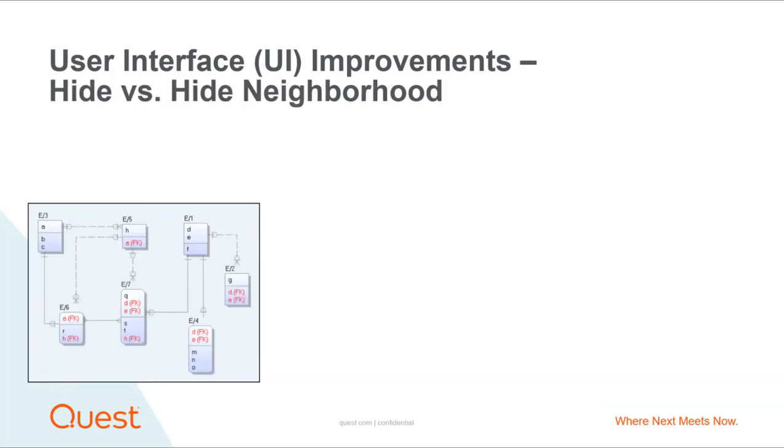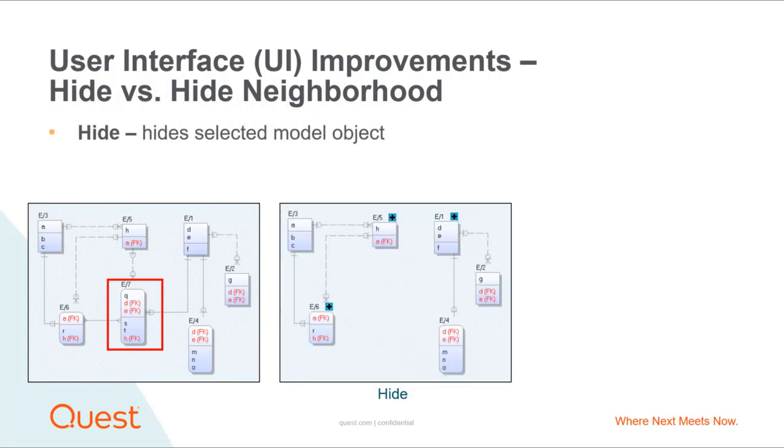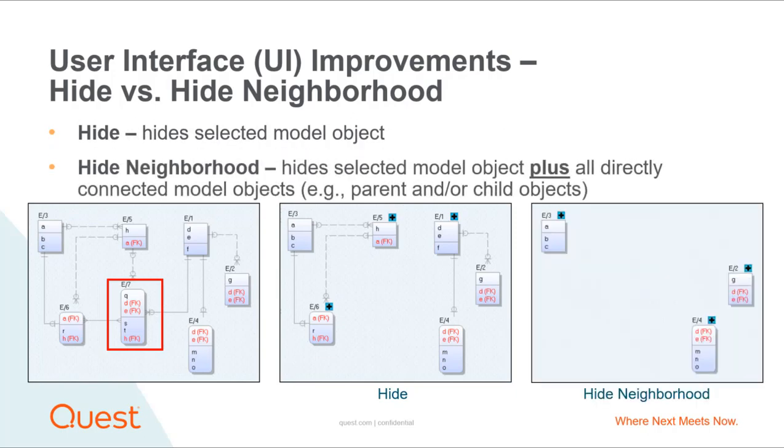Let's take a moment to focus on the object E7 in this diagram. Hide hides the selected model object. Hide neighborhood hides the selected model object plus all directly connected model objects, that is, parent and/or child objects.